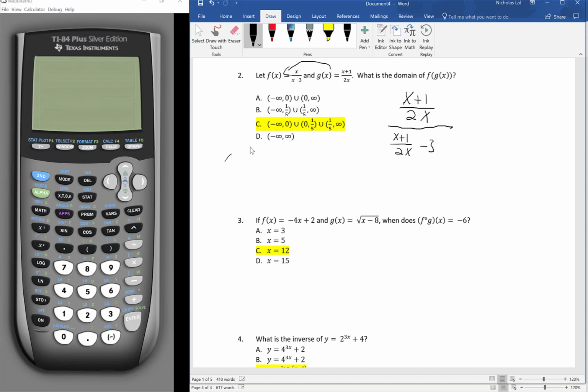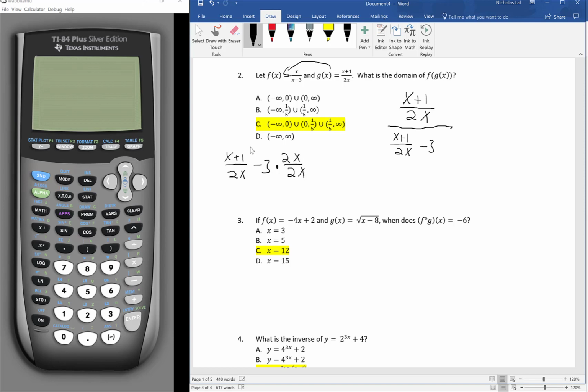So let's look at x plus 1 over 2x minus 3. We need to get a common denominator for the negative 3. So we multiply negative 3 by the denominator that we need, over itself, so we're not changing the actual value of the term. So we multiply by 2x over 2x.